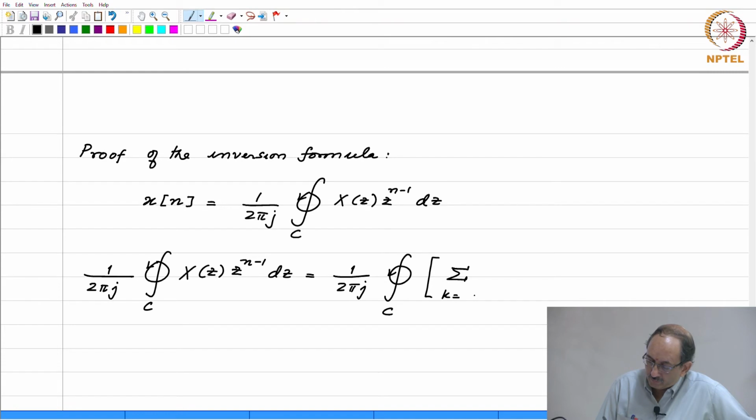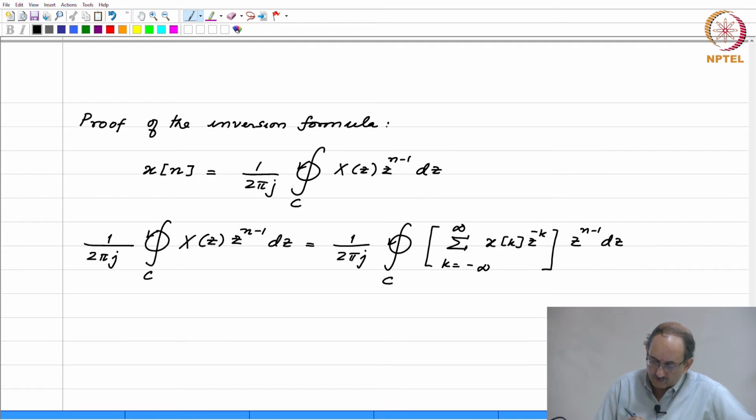k going from minus infinity to plus infinity, x of k z to the minus k times z to the n minus 1 dz. Note that here for the dummy index of summation, we have used k. You do not want to use n because n is already appearing here. So, that is why we used k.